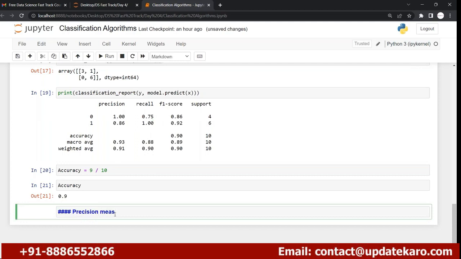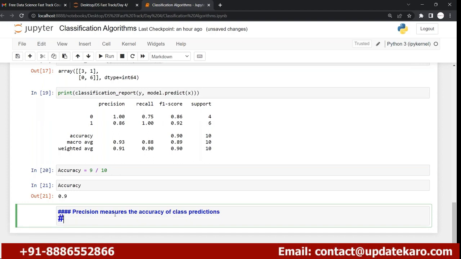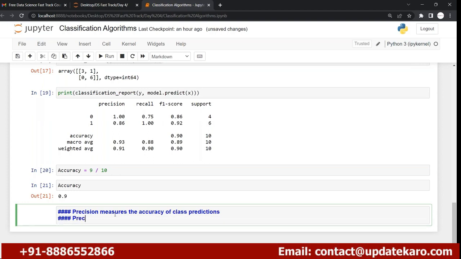Precision basically measures the accuracy of your either positive predictions or negative predictions. So I can write the accuracy of your class predictions. What about next? Recall measures the completeness of your class predictions.